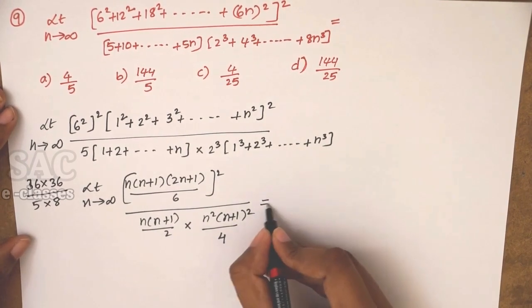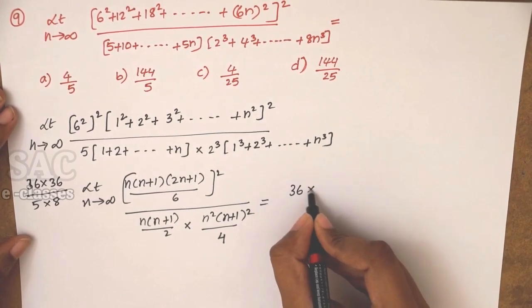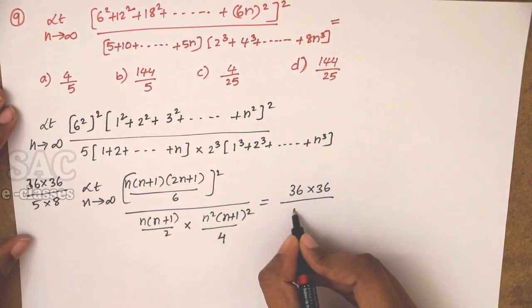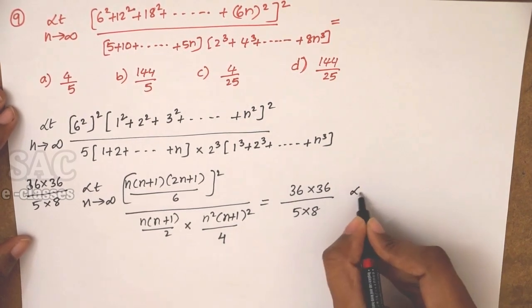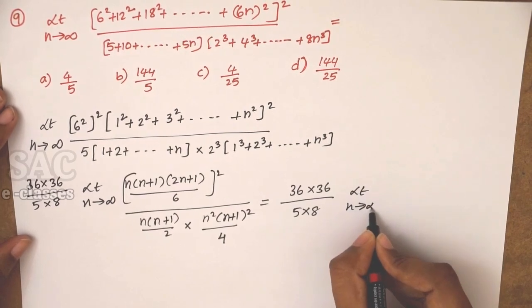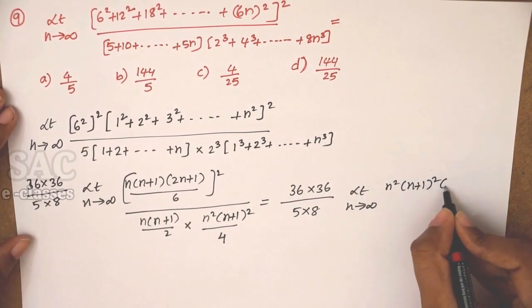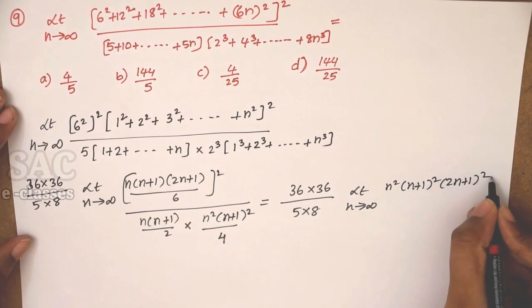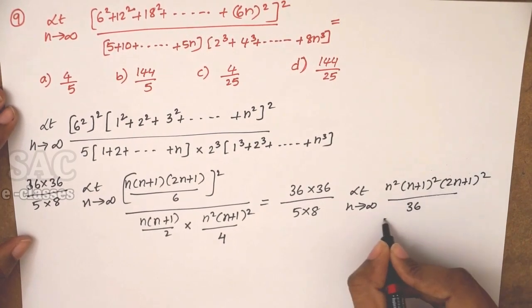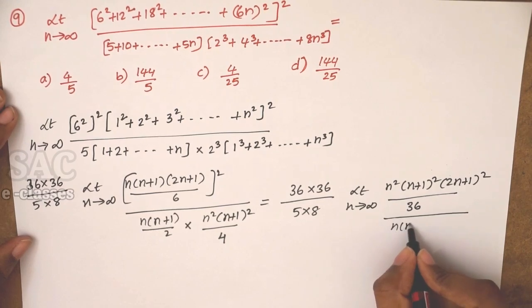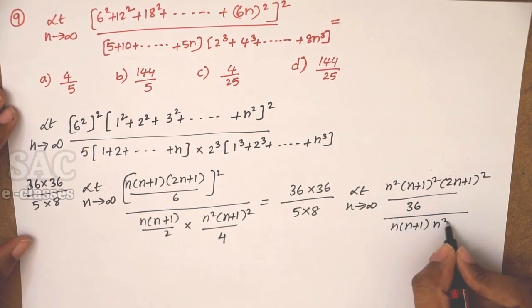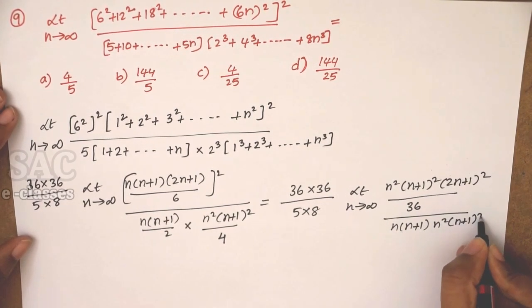Let us simplify this. 36 into 36 by 5 into 8, limit n tends to infinity, n square into (n plus 1) whole square into (2n plus 1) whole square by 36, by n into (n plus 1) into n square into (n plus 1) whole square by 8.